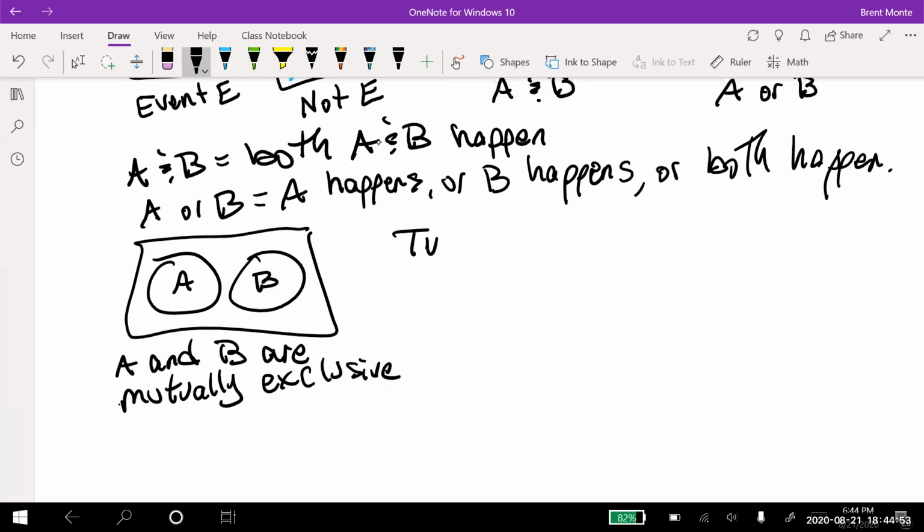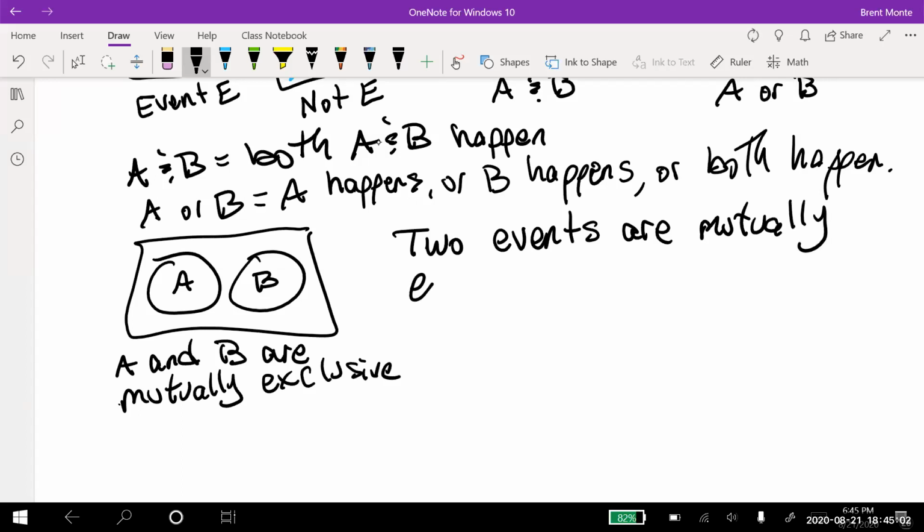And so here we'll define that. Two events are mutually exclusive if they cannot happen at the same time.